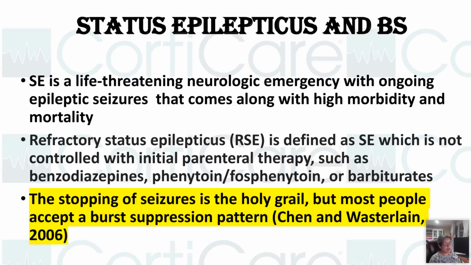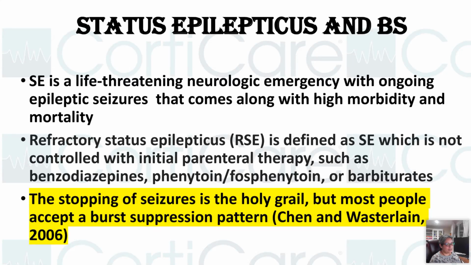So while reading some articles to put this presentation together, one statement came multiple times. Stopping of seizures is the holy grail, but most people accept a burst suppression pattern. I mean, it's a beautiful story told just in one sentence, right? Of course, we want the patient to stop seizing.